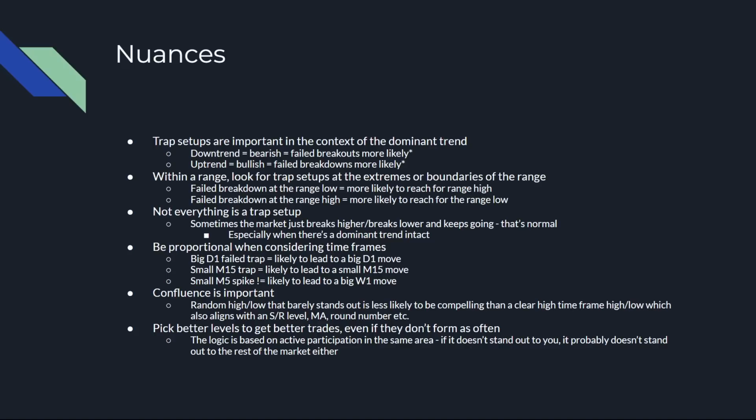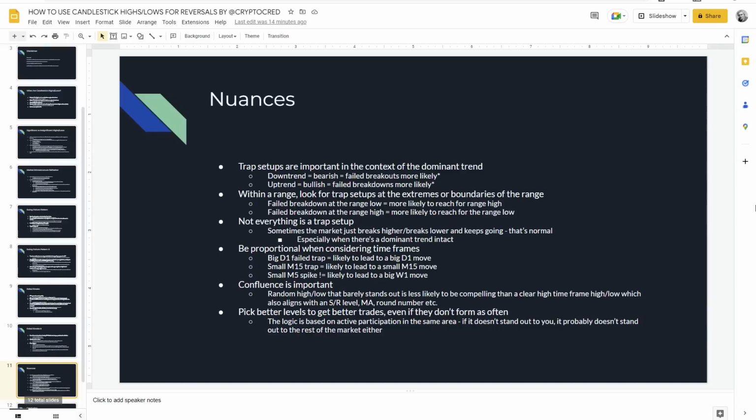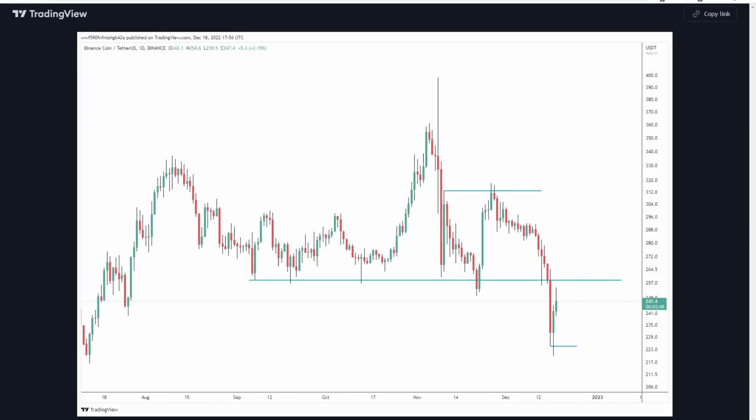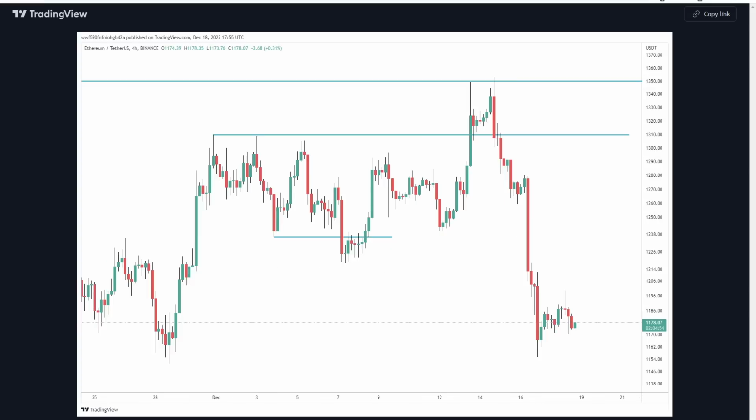Now, within a range, forgetting the context of a dominant trend, you want to look for trap setups at the extremes or boundaries of the range. The basic logic applies: a failed breakdown at the range low is more likely to reach for the range high, and a failed breakdown at the range high is more likely to reach for the range low. So one extreme to the other, essentially. This BNB one is a decent example: a failed breakdown at this range low led to your range high and then back down.